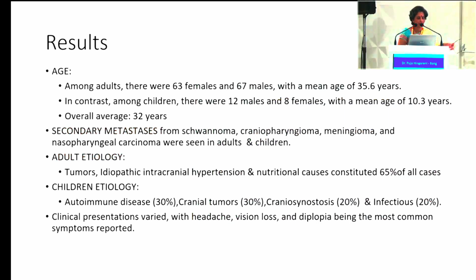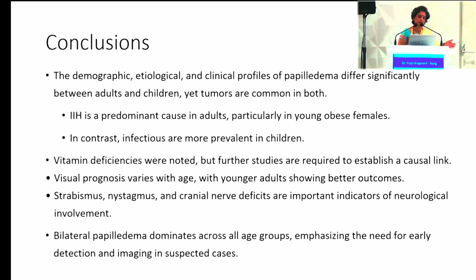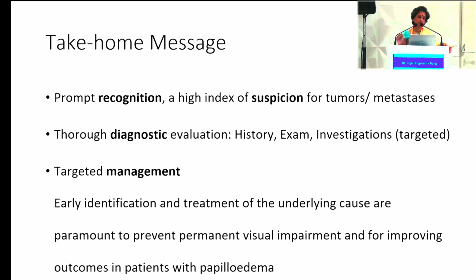This is just a summary of what I have already mentioned, and the conclusions are that though some vitamin deficiency was also noted, we need to establish a causal link. Other than this, I've already discussed it all. We need to promptly diagnose and suspect tumors, especially in both populations. Thank you.